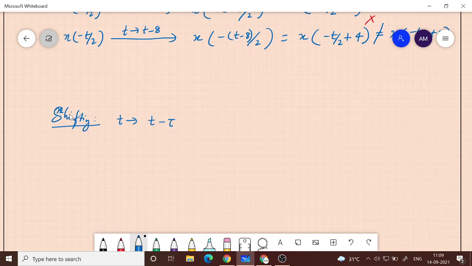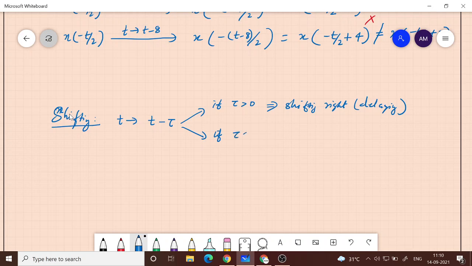And if you write t minus tau, if tau is greater than 0, then we are shifting right, or delay.